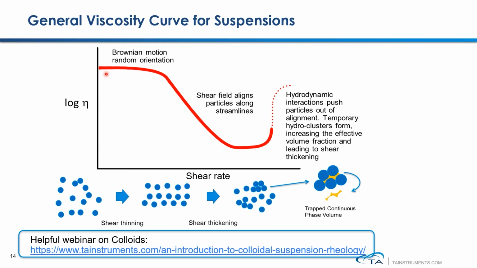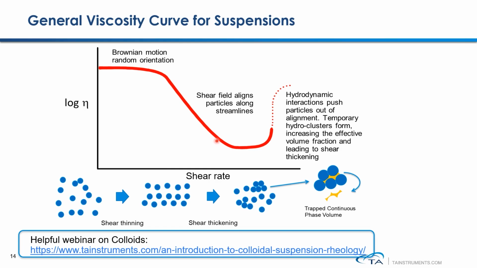As you gradually increase shear rate or shear stress, especially when the shear stress is high enough to break down this three-dimensional network, the sample starts to flow. All the particles start to align towards the shear direction, which eases the flow. That causes the sample to show shear thinning behavior.